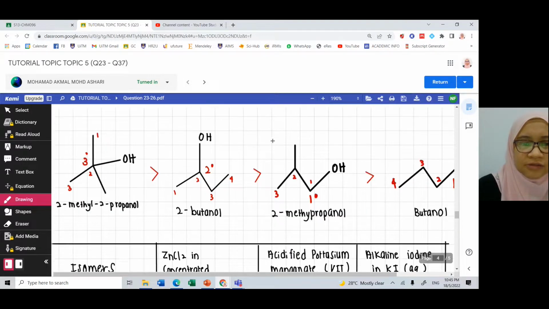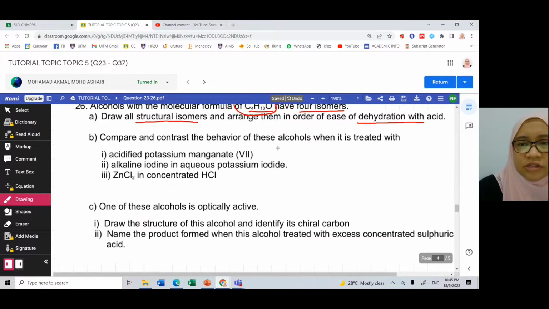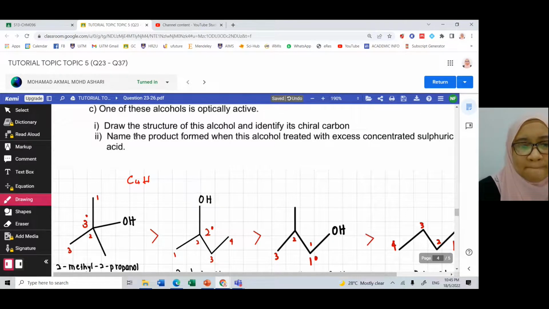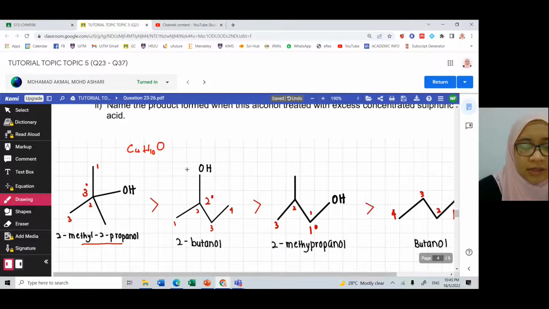The first one will be 2-methyl-2-propanol. Correct. This is the structure, as long as it has 4 carbons, how many hydrogens just now? 10, and then 1 oxygen.